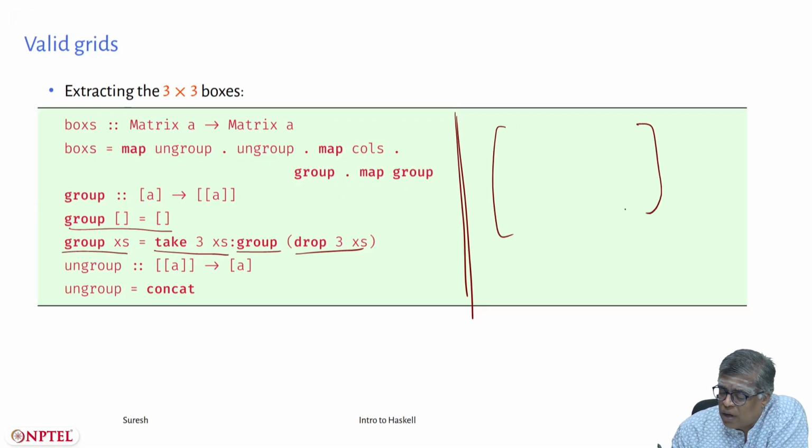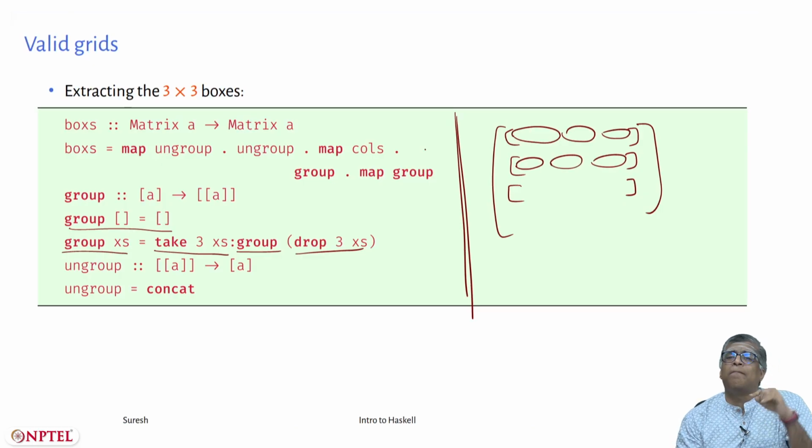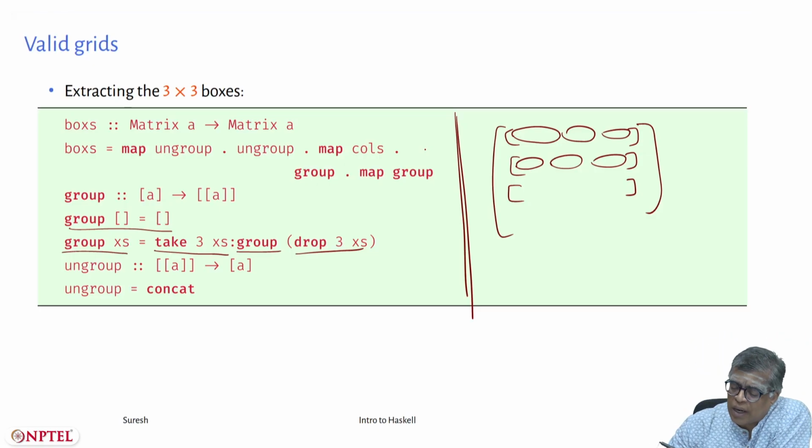Now, if I have a list of rows, which is my original matrix, I need to go there and make these 3 sublists, which means I need to go on map group. Map means it will go to each row and do this, and then I need to group the whole thing itself, which means I have 3 entries here.